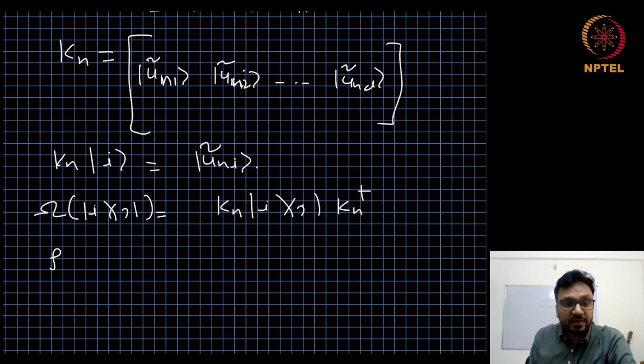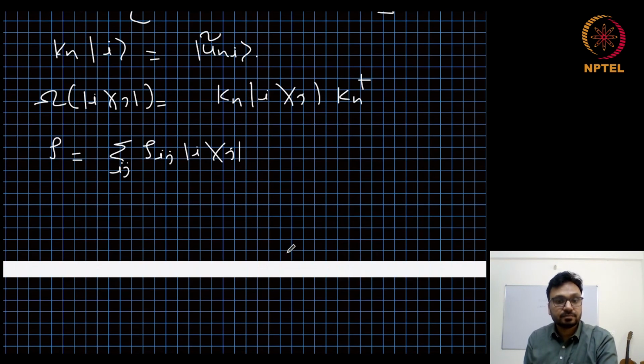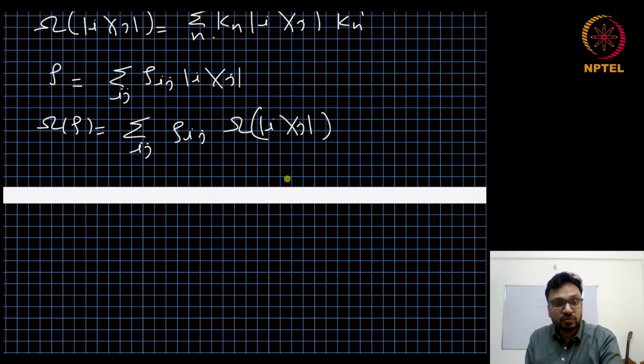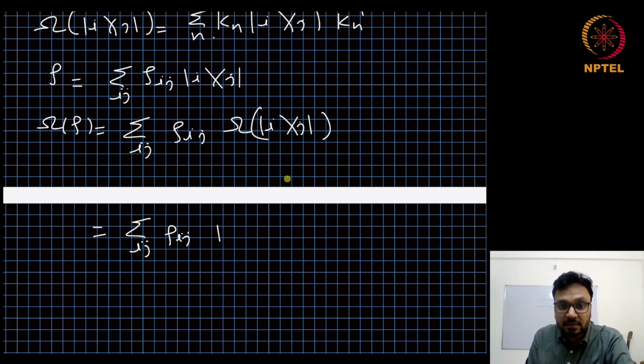Now, if we are given any operator rho, we can always write it as sum over ij of rho ij |i><j|. There was a sum over n also. Yeah. Then omega acting on rho can be written as sum over ij of rho ij omega acting on |i><j|, and we have shown that omega of |i><j| can be written as sum over n of Kn |i><j| Kn dagger.